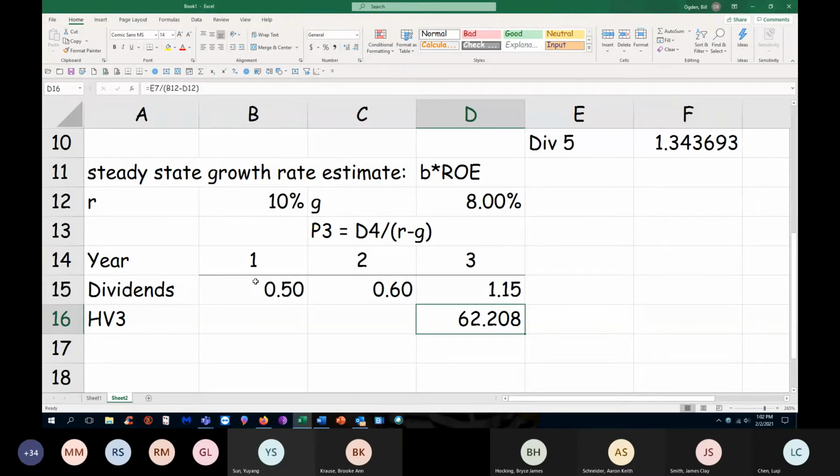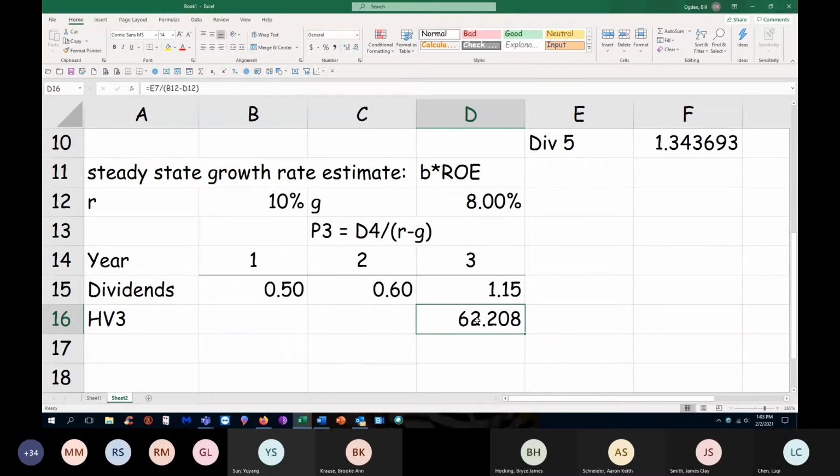So you basically have 2 stages in your evaluation process. You have individual dividends, and then you have a horizon value as stage 2. So stage 1 is discounting the individual dividends, and then stage 2 is discounting the continuing value or horizon value. Whether you use Excel or a financial calculator or a scientific calculator that has financial functions, you can only enter one cash flow per period.